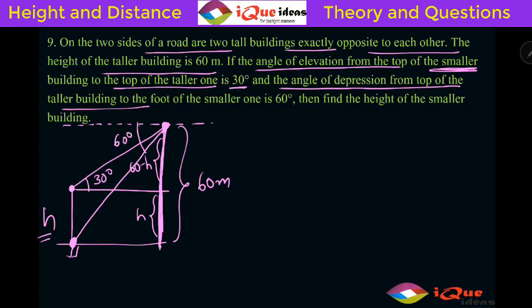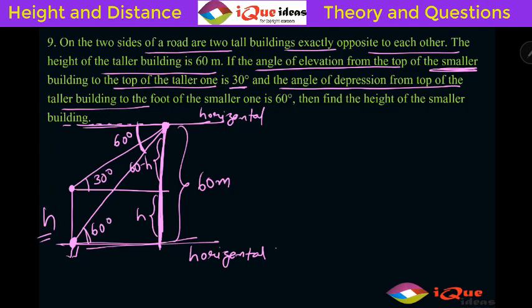This is a horizontal line and this also is a horizontal line, so these two are parallel. If parallel lines are intersected by one line, then alternate angles are equal. So if this angle is 60 degree, then this angle will also be 60 degree. Or you can always calculate, this total is 90. The upper part is 60, so the lower part will be 30.